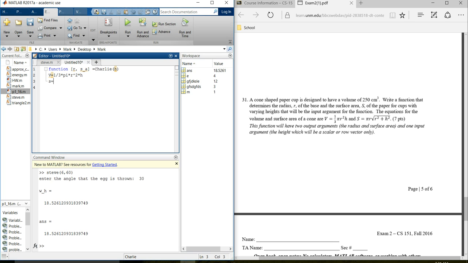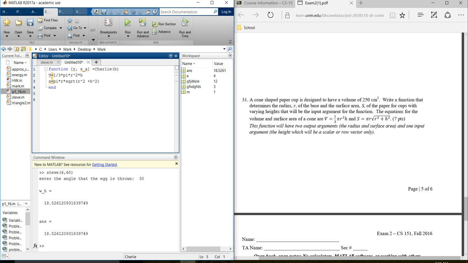S is equal to pi times r times sqrt of r squared plus h squared. I know, guys. I gotta do algebra. I'm just writing the equations down.